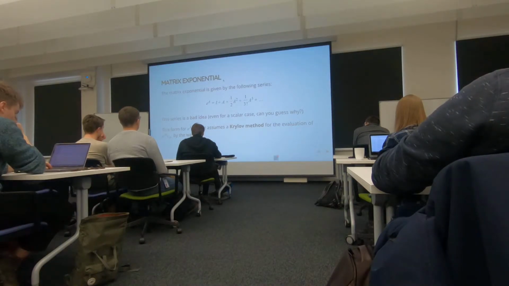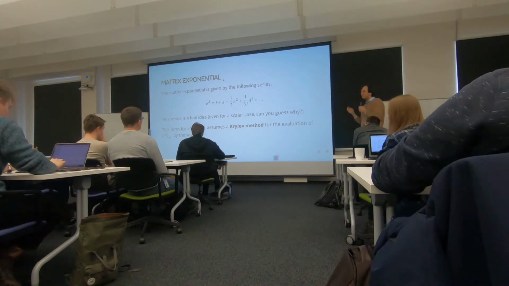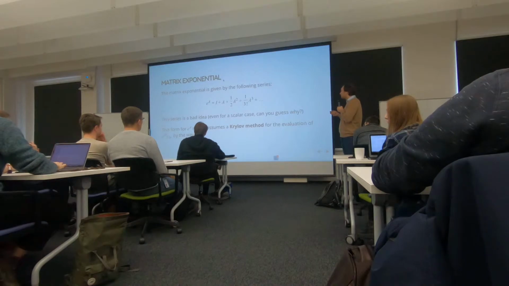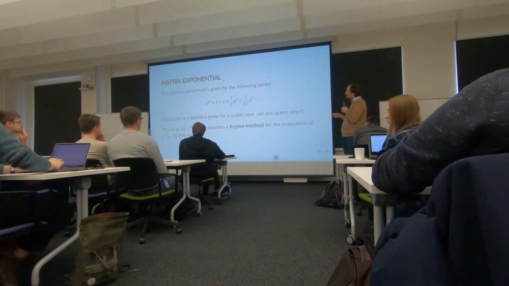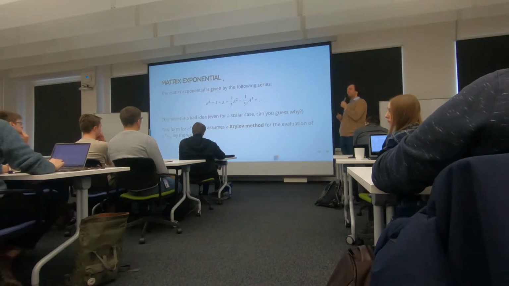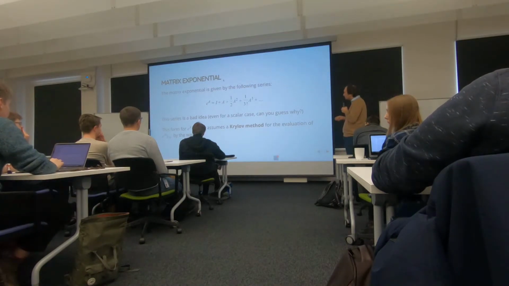So now, what we've talked about, the Schur method and so on, this is of course about dense matrices, when you need to compute the matrix function for a small matrix for which the general eigendecomposition or the Schur decomposition can be computed. If you go to large scale problems, it is not possible, but since we have this polynomial approximation, well, let's use Krylov methods.